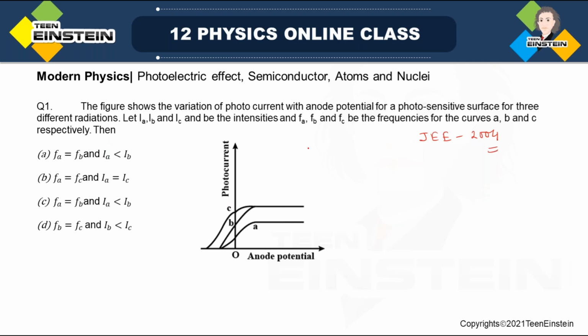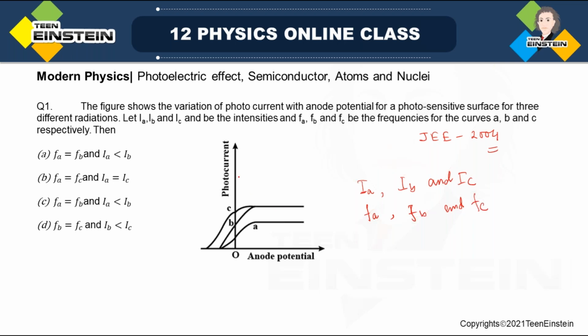So there are three different radiations used for the photoelectric effect, with three different intensities IA, IB and IC, and each of them has different frequencies as well. For this particular radiation the frequency is FA, for this one the frequency is FB, and for this one the frequency is FC.